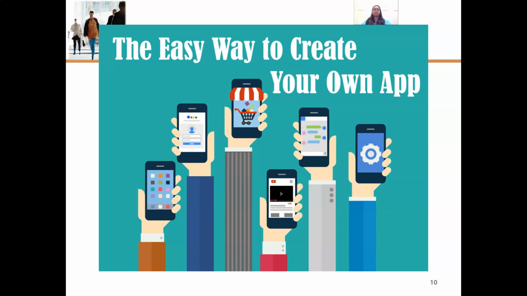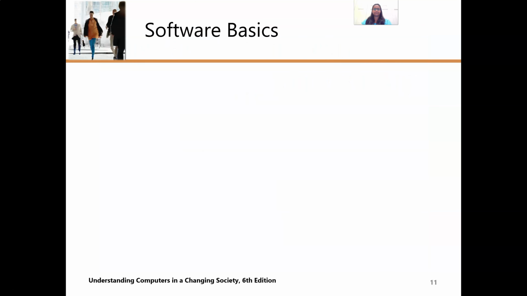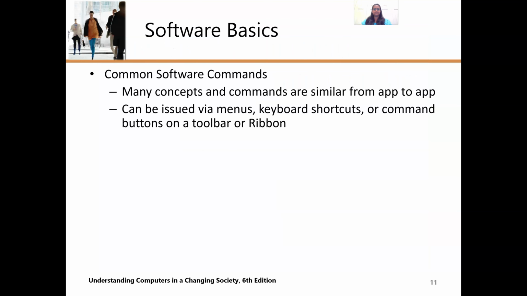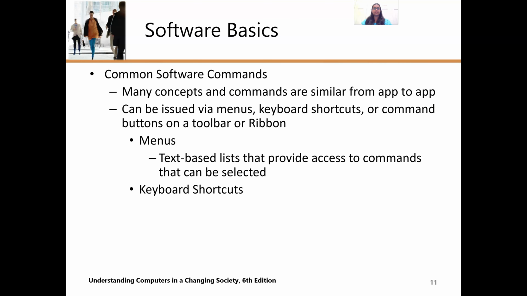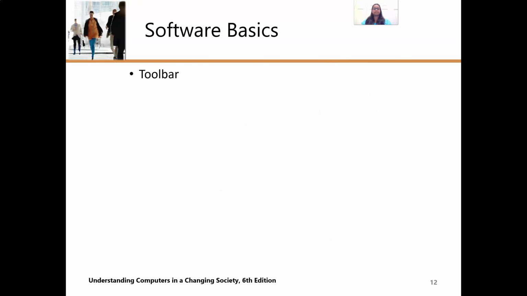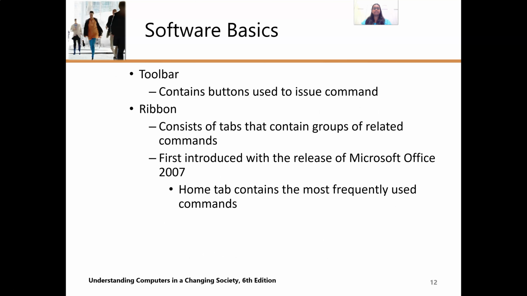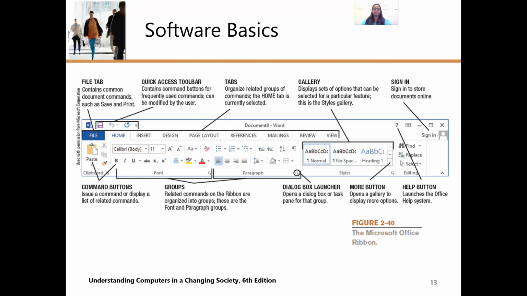Let us move on to some of the software commands. As you can see, the categories are menu, keyboard shortcuts, toolbar, ribbon. We shall be seeing all that in the picture coming up. So here you can see the file menu or the file tab.